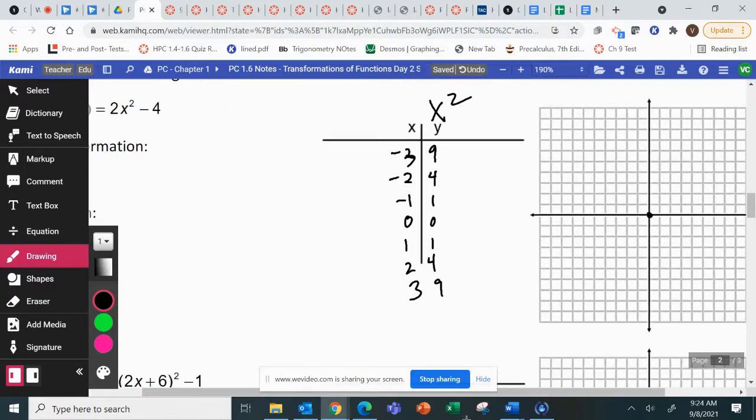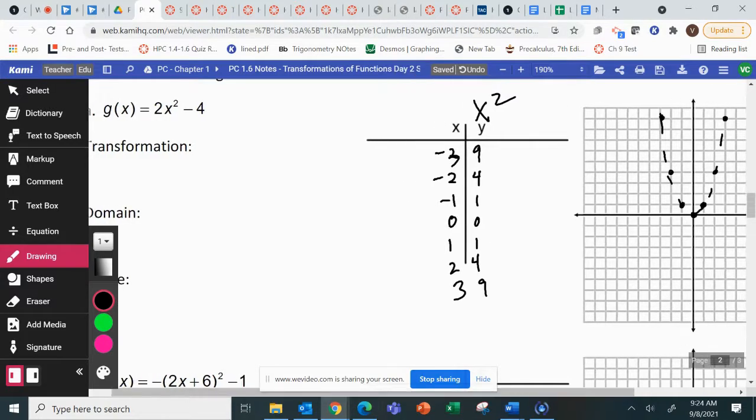Okay, I'm doing my parent function. And there's my parent function. Now we're going to write our transformations. So in our new function, we have a 2 in front of the x squared. Is the 2 being squared?